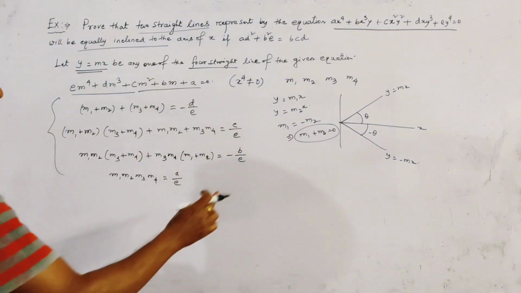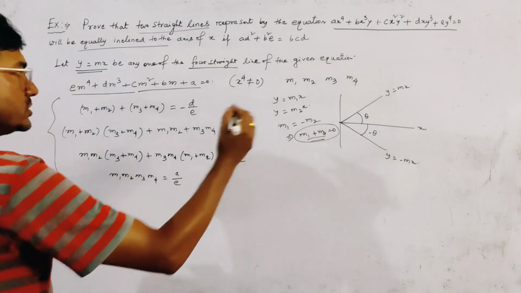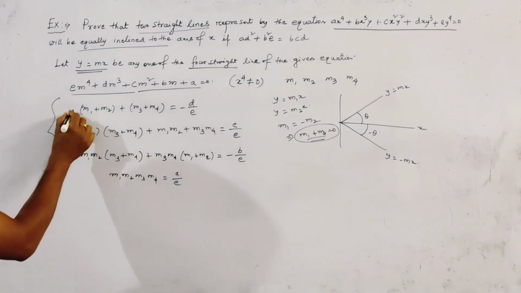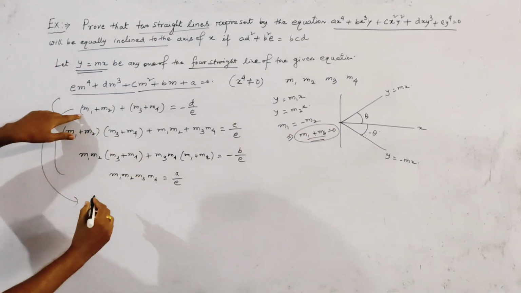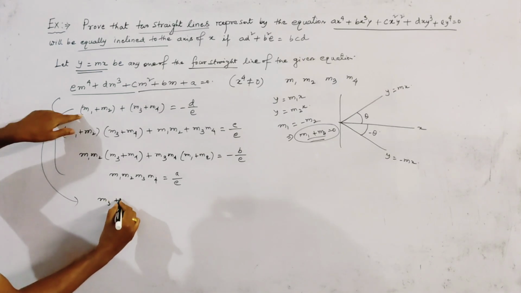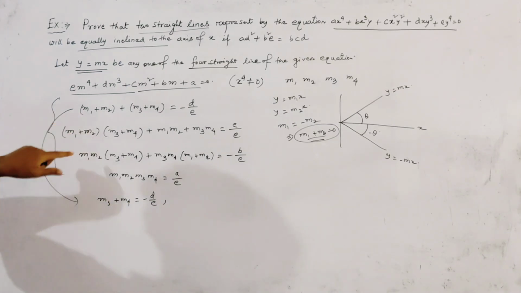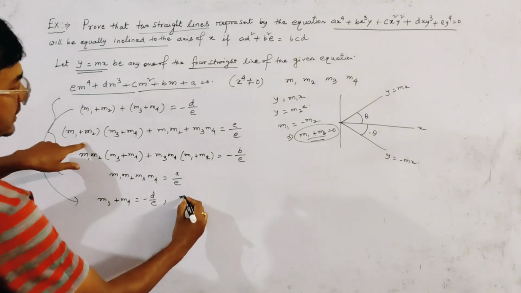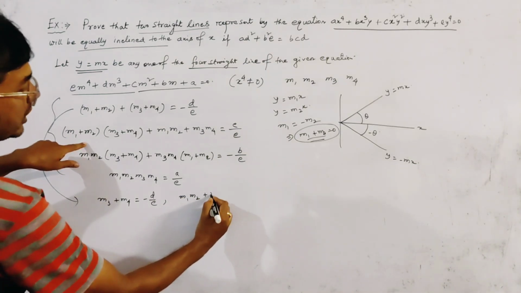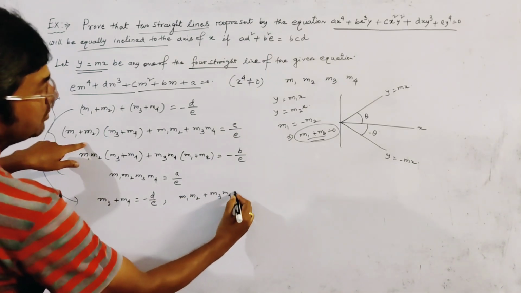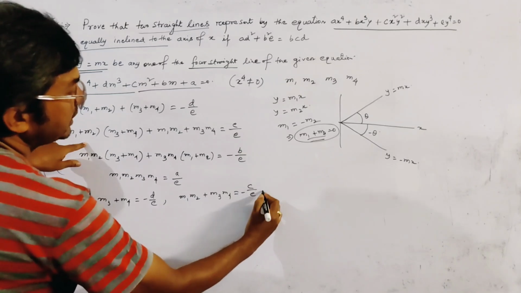Now putting the value m1 + m2 = 0, the 4 relations become: the first relation is m3 + m4 = -d/e. The second relation is m1m2 + m3m4 = -c/e.